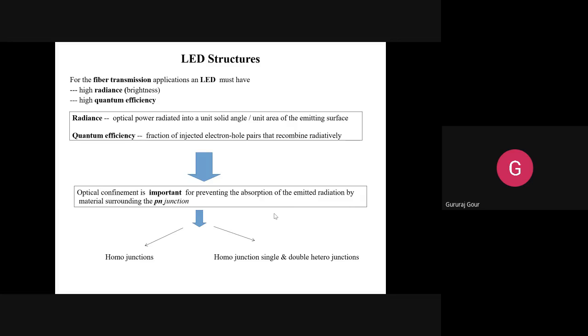We don't want it to pierce through the cladding, not even a small percentage. Otherwise, it will be a leakage or loss. We are losing information. That is what we mean by optical confinement, and it is a requirement. Because of this, most of the LED structures are based on heterojunctions or maybe a hybrid type combination.